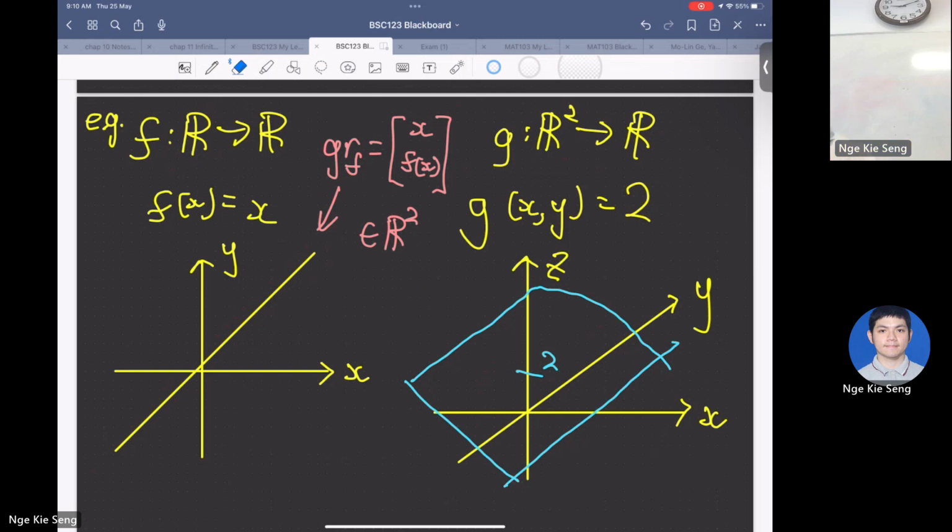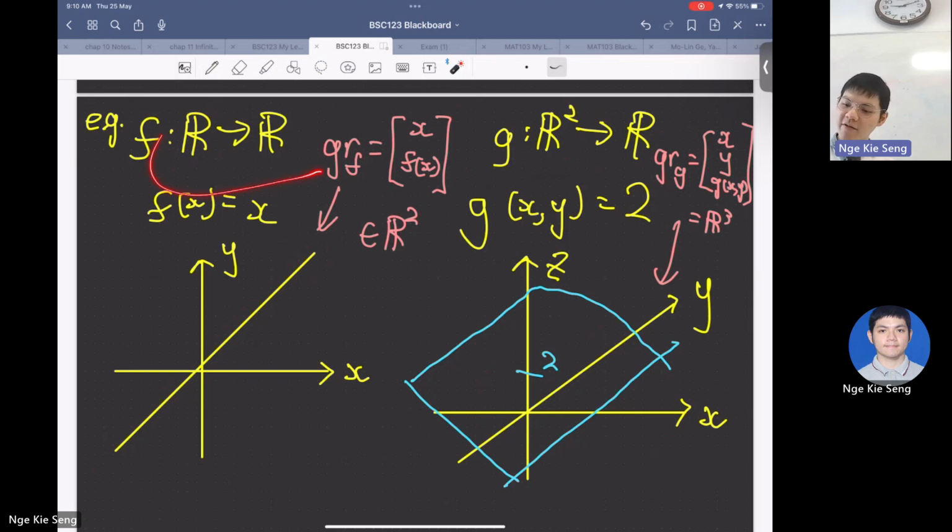So in this case here, graph of g, where does graph of g live? You have x, y and g(x,y). It can live in R3.